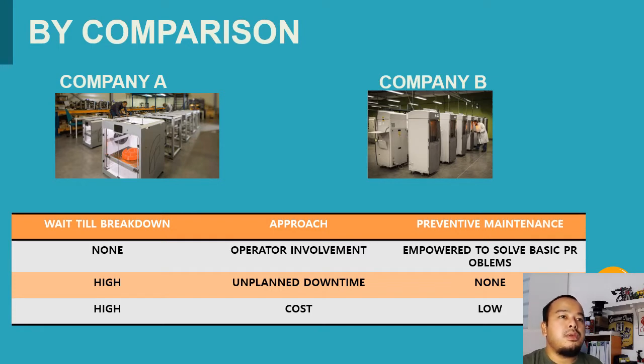Compared with company B, you apply preventive maintenance as the approach. Operator involvement is that they are empowered to solve basic problems. Remember, they are trained and well equipped with the knowledge to identify issues or problems that will happen to the machine.